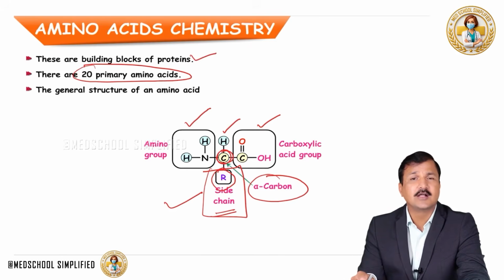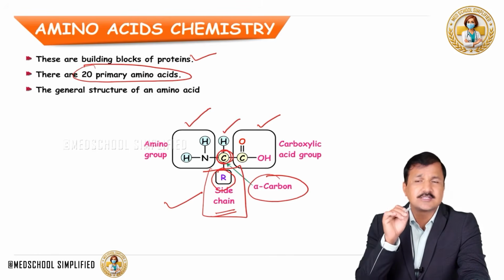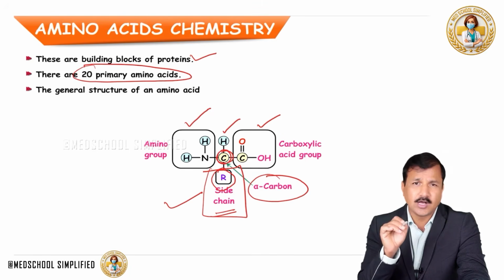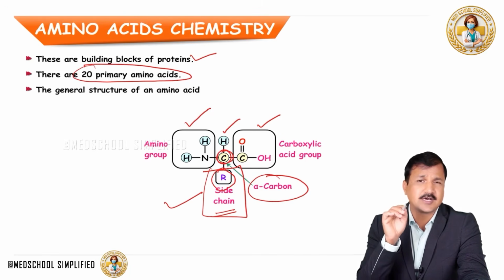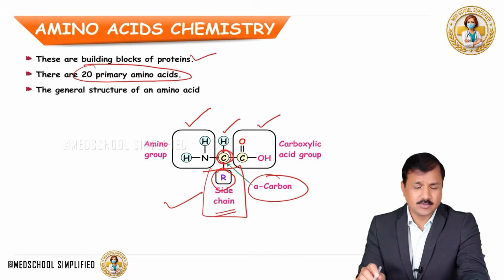So amino acids are building blocks of proteins. We have only 20 primary amino acids. What is the meaning of primary amino acid? A primary amino acid is also referred to as a standard amino acid. It has got a genetic code, a codon. Every primary or standard amino acid has got a genetic codon, and it will be part of a protein molecule. That is what we refer to as a standard amino acid.